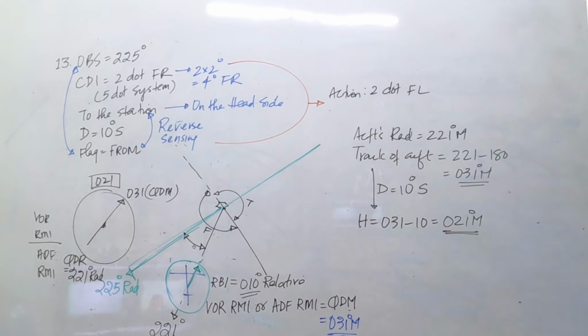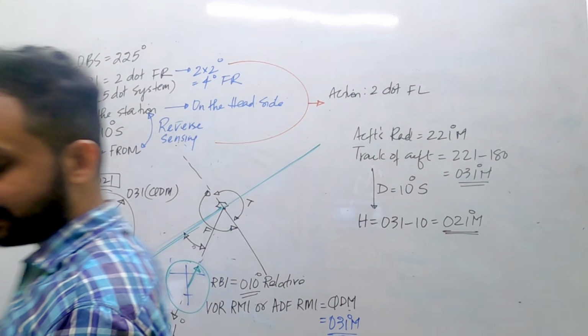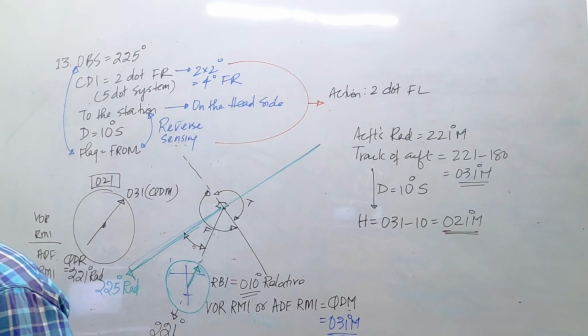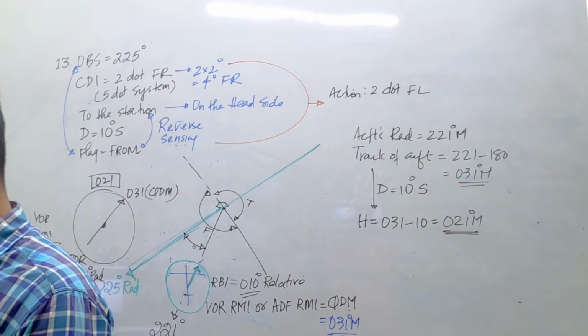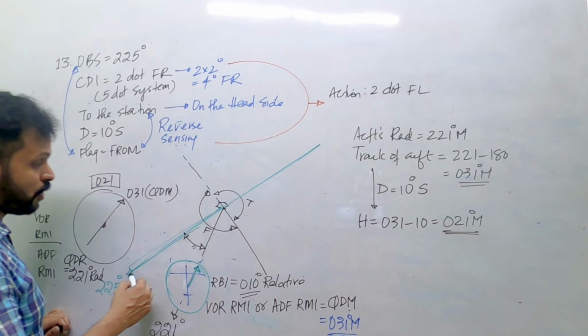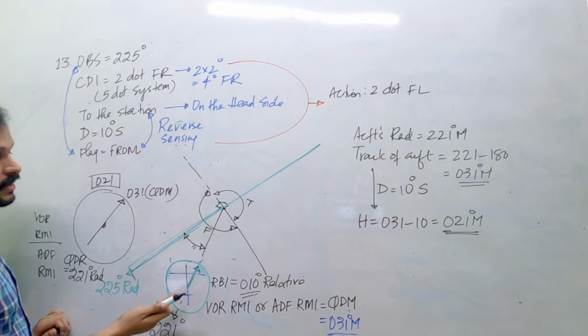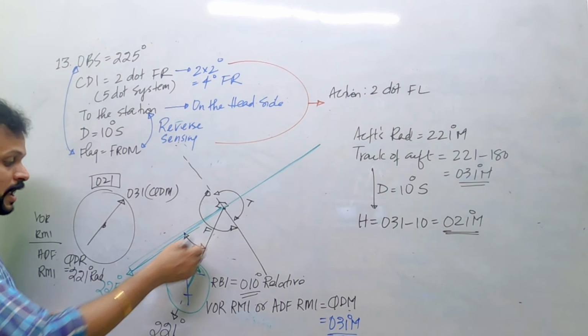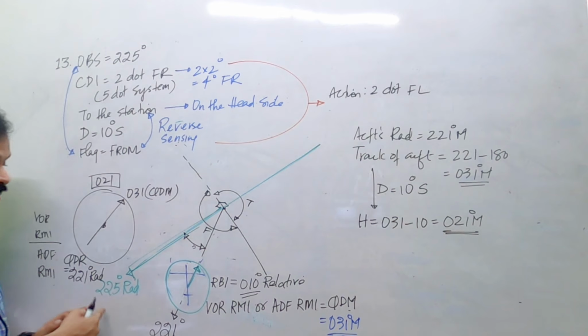Now you can again see the application of 160 coming up here. In the last part of this question, they are given the distance off track if the VOR is at 120 nautical miles from the aircraft position. You are supposed to be on this track. Now you can see a problem here. The air traffic controller is asking you to come inbound to the VOR on a radial of 225.